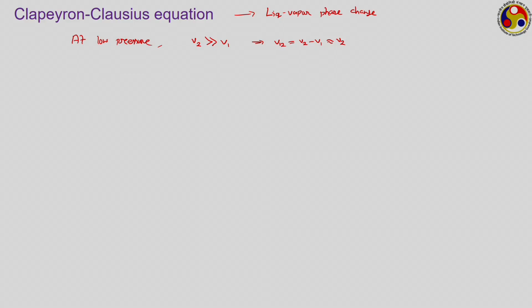And we can sometimes assume the vapor at low pressure again as an ideal gas.